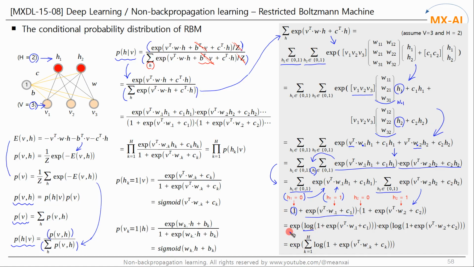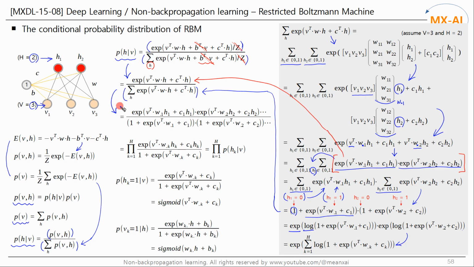If we take the log and exponential of each factor, we get this expression. Then, this expression can be written as follows. Now we substitute this expression into the denominator of p(H|V). And we substitute this expression into the numerator. Then, this expression can be written in the following general form.